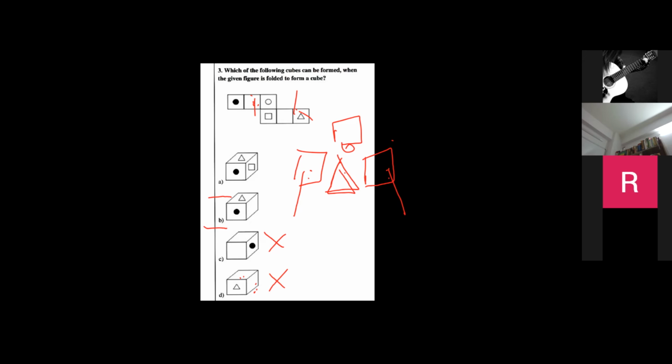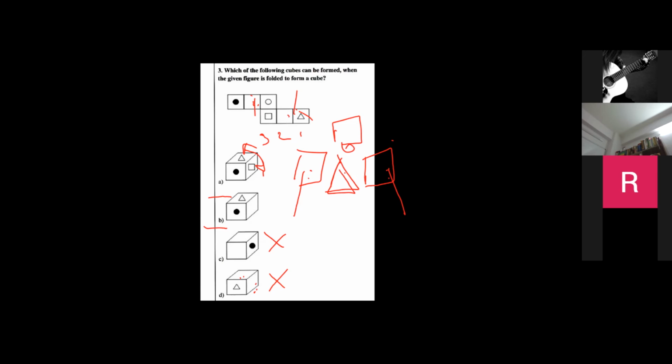No, come on, think. So you're folding, this is the first side, this is the second side, and this goes as the third side. So how can A be so near the third side? There should be another place in between the triangle and the square, no? Do you get what I'm saying?